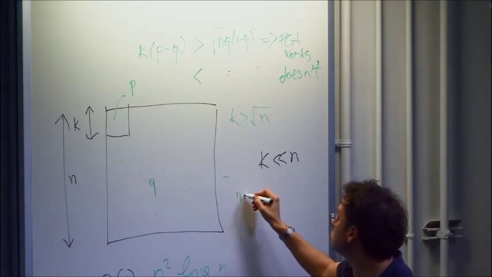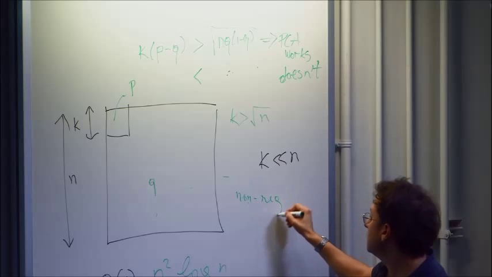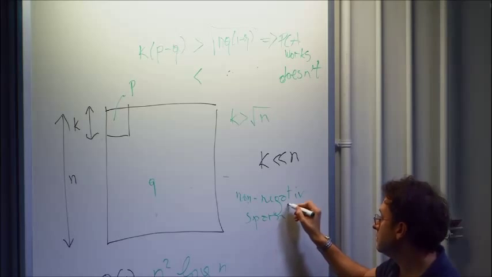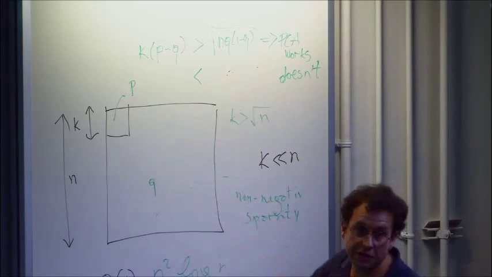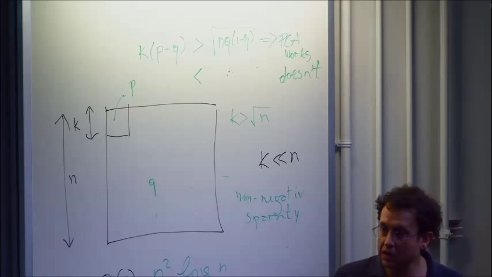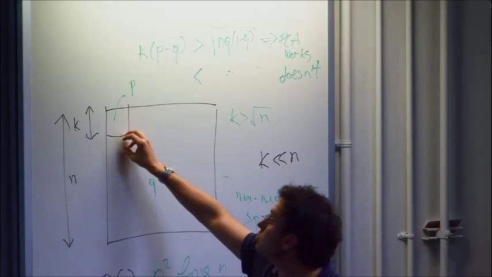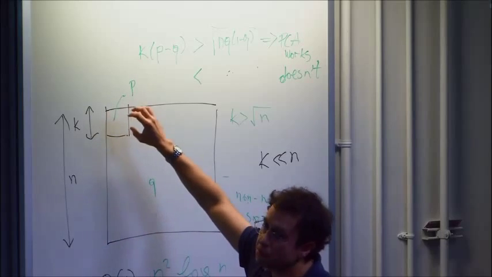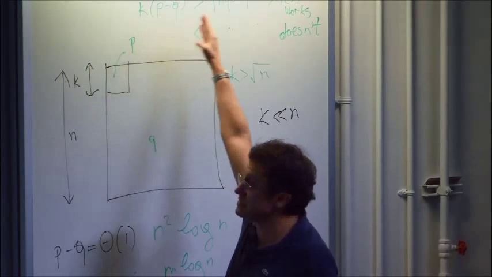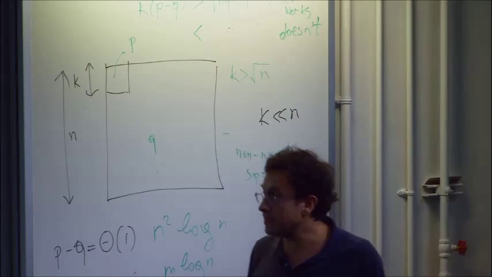So can we use non-negativity and sparsity to beat this kind of phenomenon? This is what I want to try to understand. And in principle, there should be a huge possibility. Purely from an information theoretic point of view, you can reconstruct it as soon as k is bigger than log n.